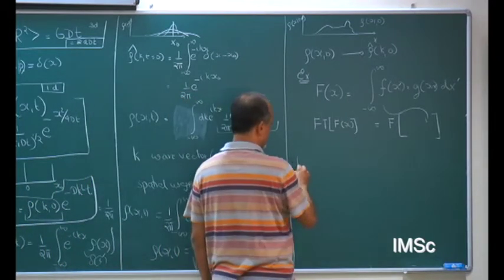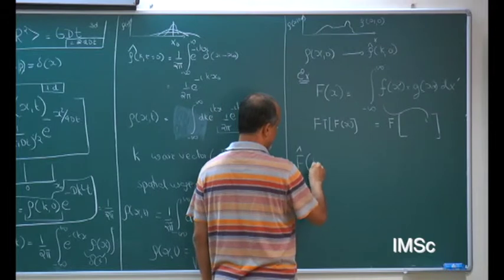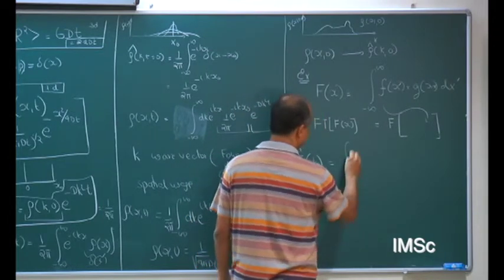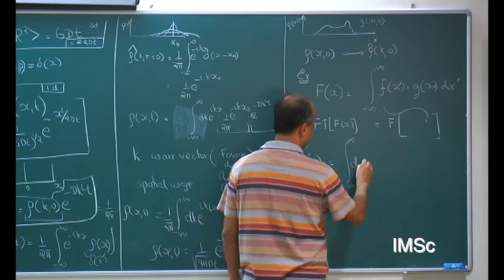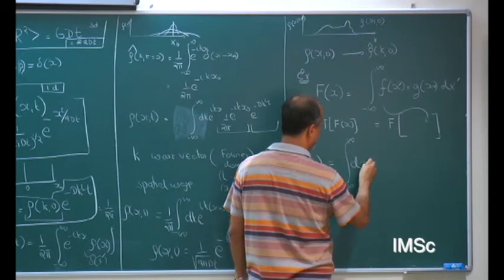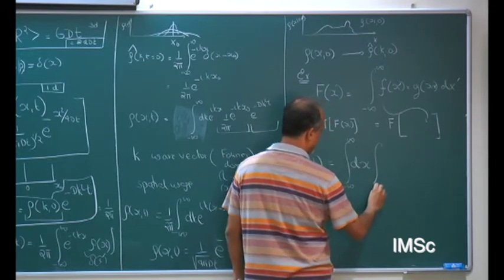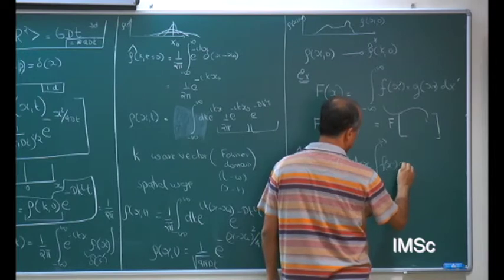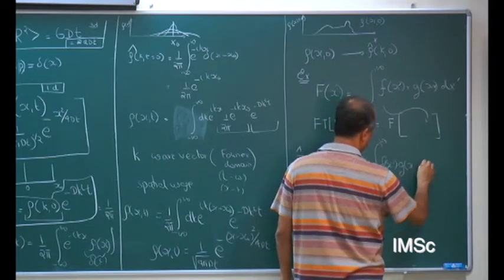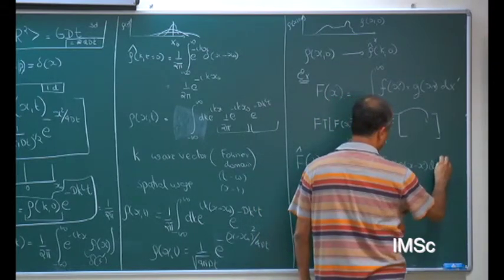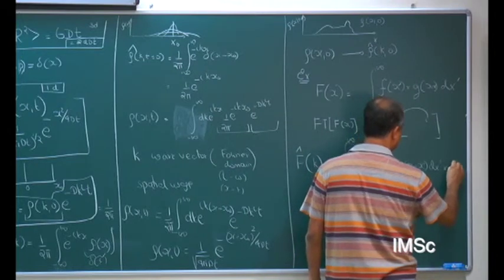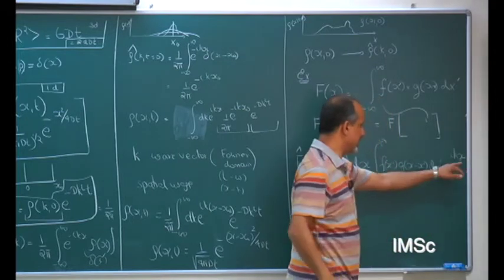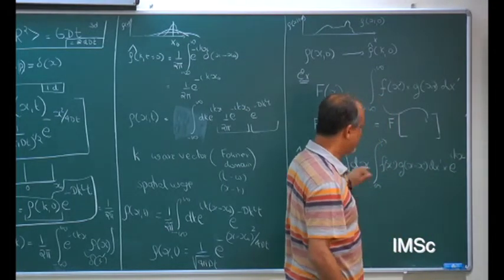Let's say that F hat of k, the Fourier transform here, is the integral from minus infinity to infinity dx, integral from minus infinity to infinity dx prime f of x prime g of x minus x prime, and then I must multiply this by e to the power i k x, because this is how I Fourier transform a function that is a function of x.